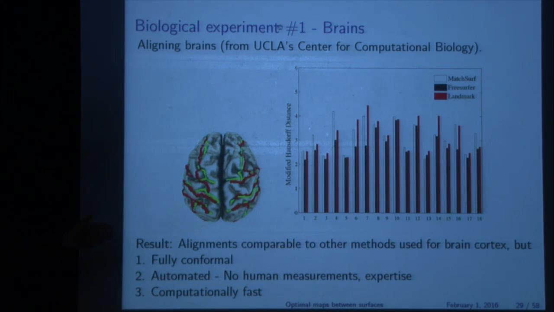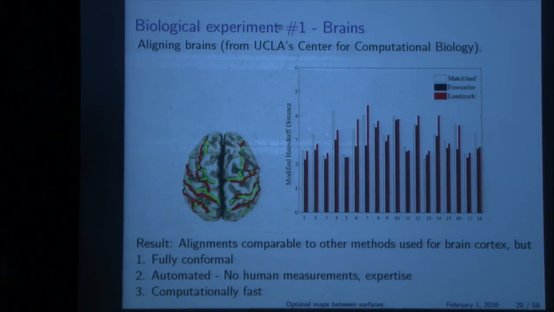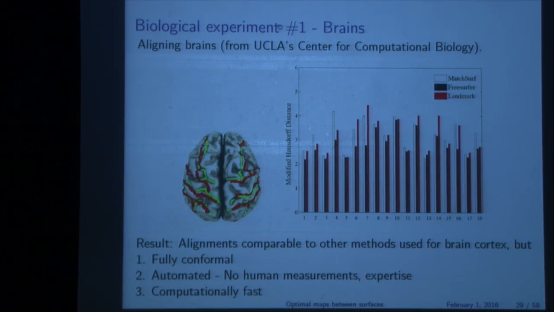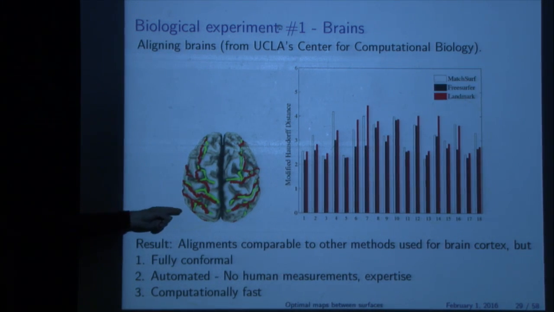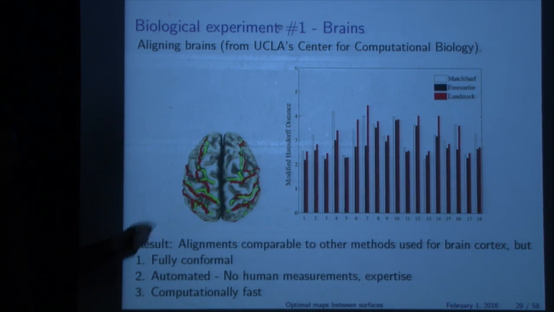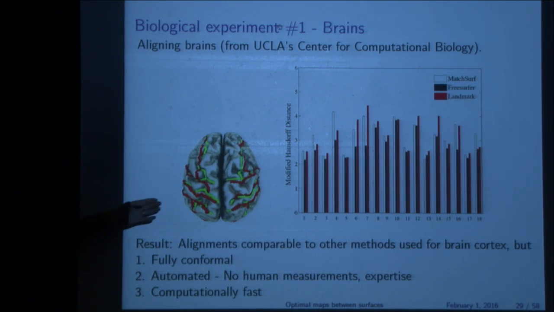So the moral here is our method did about the same as the two other methods, but the other methods involve human expertise. They have human experts who go in and mark some of these points and tell you where to map this point and where to map that point. Our methods are fully automated. There's no human input that went into making this alignment. It just took the triangulated surface and automatically made it.